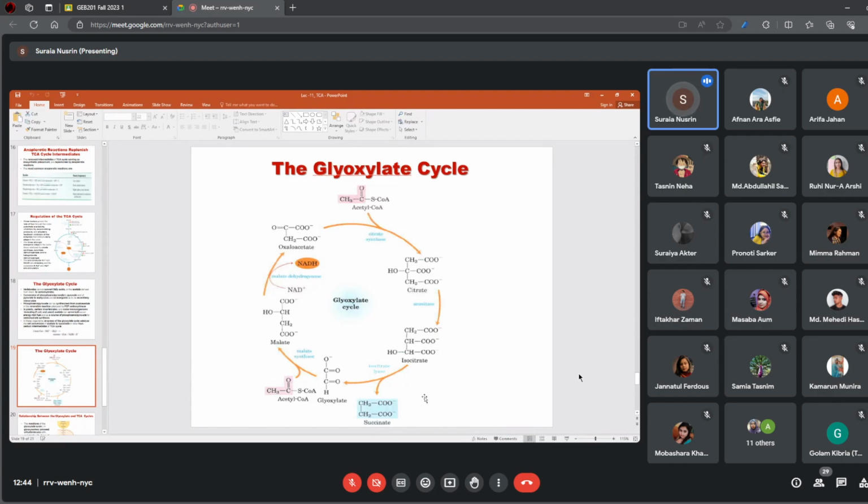So the main purpose of this cycle is not energy production or the NADH that is produced, but to provide the 4 carbon compound, an intermediate of the TCA cycle, so that the TCA cycle can run and the intermediates can be utilized to synthesize other biomolecules.